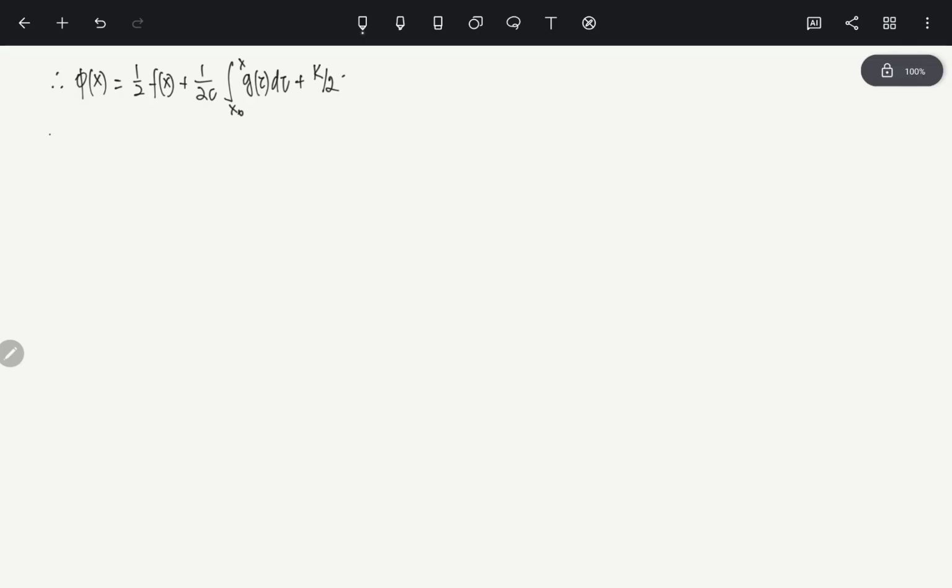Is it okay? And another one is psi of x. It is half times f of x minus 1 by 2c times the integral from x naught to x of g of tau d tau minus k by 2.